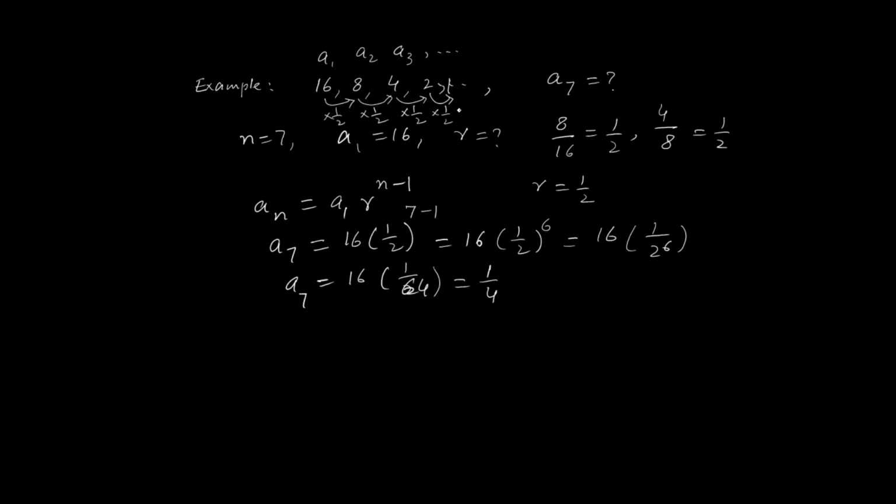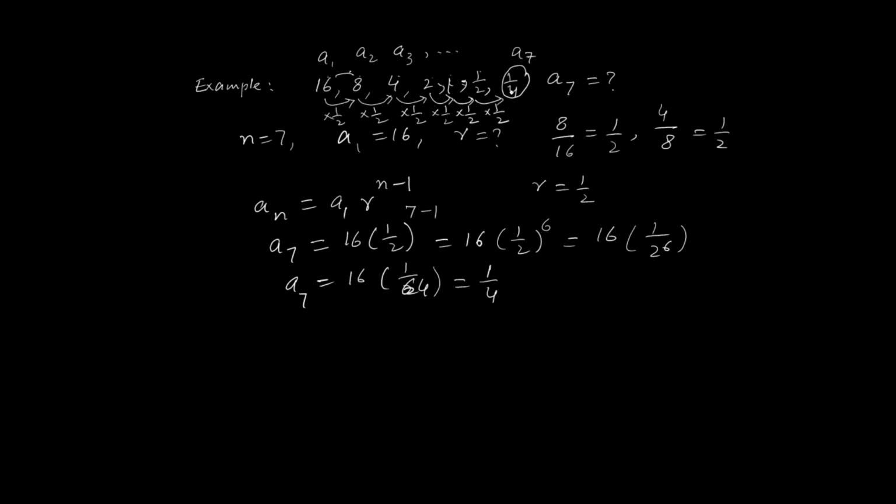And if this 1 is multiplied with 1 by 2, I am getting 1 by 2. And if this 1 by 2 is multiplied again with 1 by 2, I am getting 1 by 4. So this is the first term, second term, third term, fourth term, fifth term, sixth term, and this one is the 7th term.